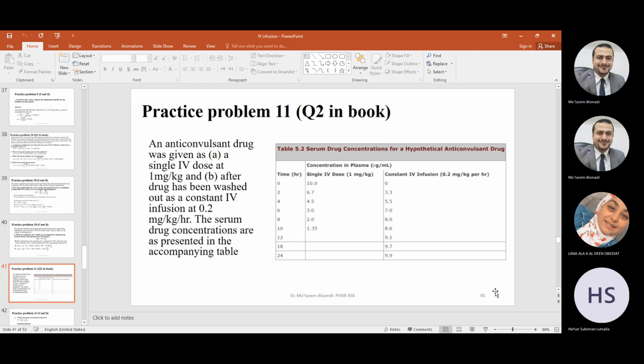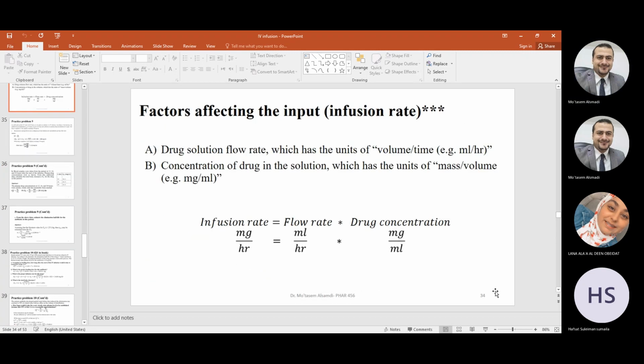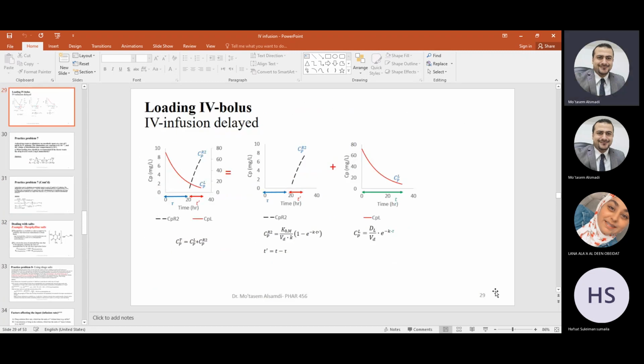After the complete washout of the drug, we have given IV infusion. With IV bolus and infusion given together, I can add the inputs by the principle of superposition, because the presence of molecules coming from the IV bolus does not affect the pharmacokinetics of the molecules coming from the IV infusion, and the opposite. The presence of molecules coming from the IV infusion does not modify the pharmacokinetics of the IV bolus.